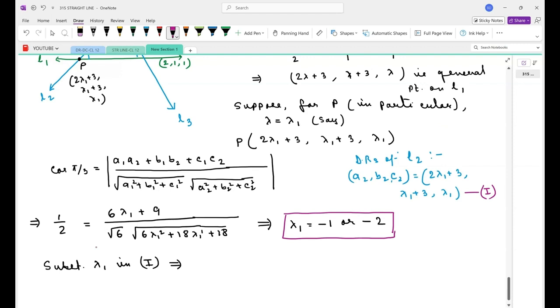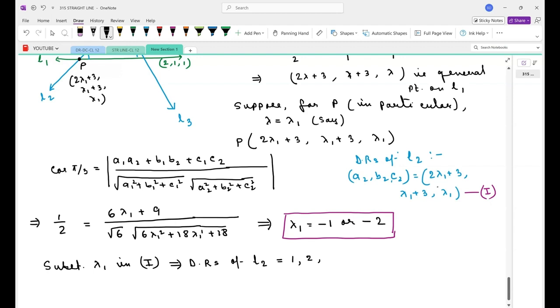So substituting lambda 1 in 1, the DRs of L2 will be: lambda is minus 1, so this is 3 minus 2, that is 1. Then lambda 1 is minus 1, 3 minus 1, 2.